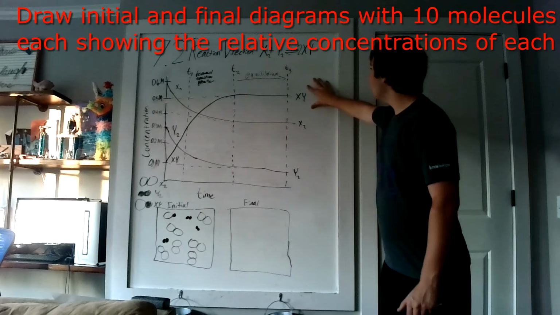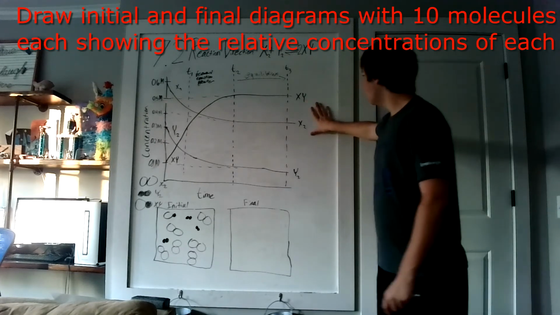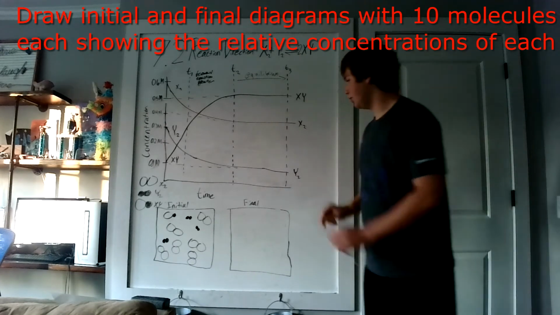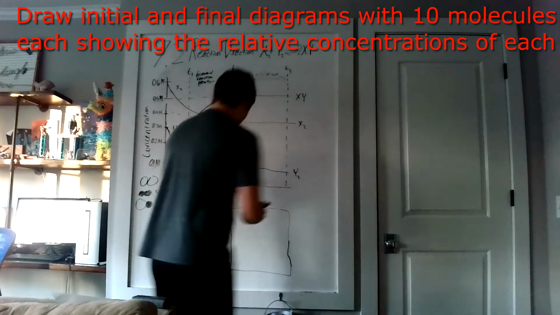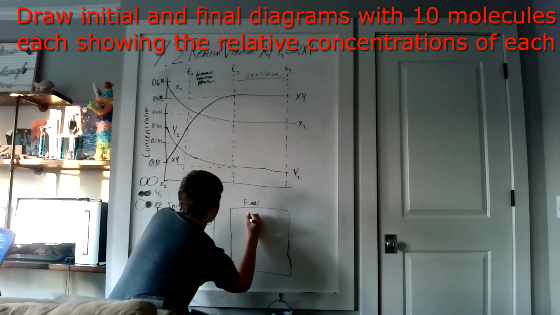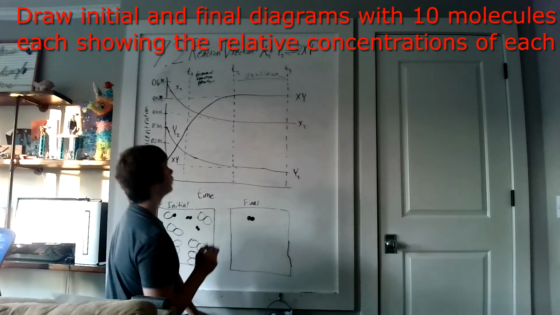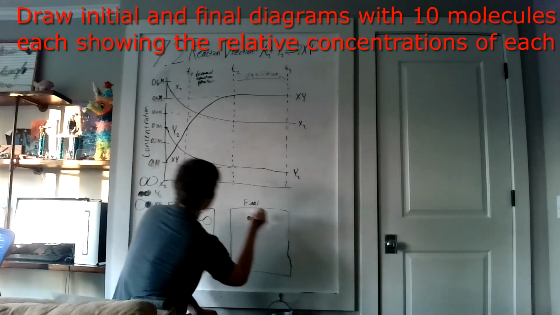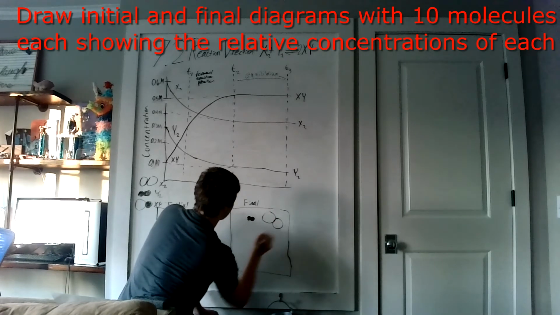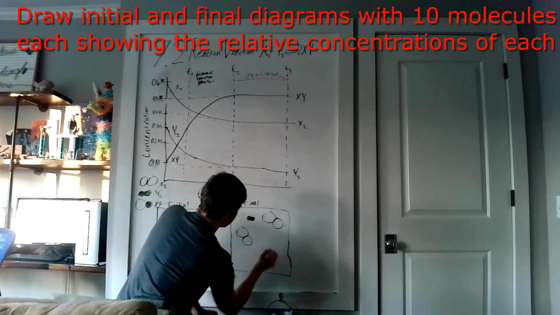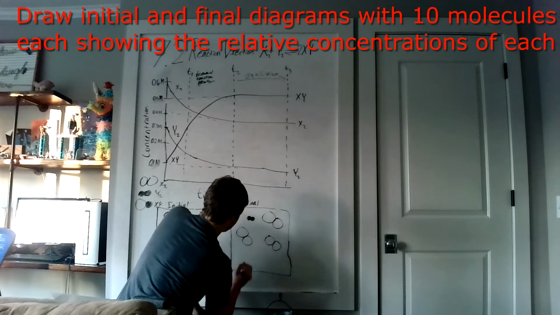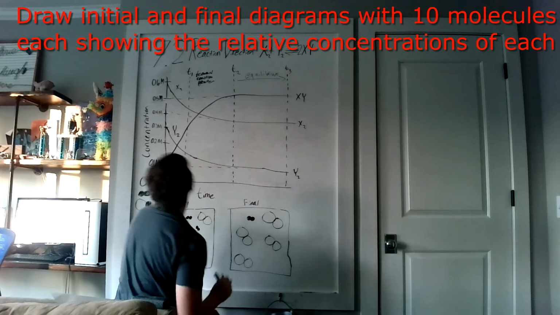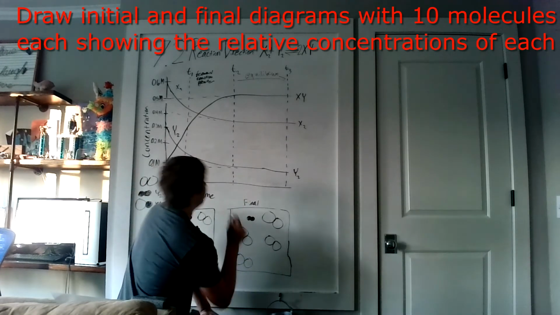So we can have 5 XY's, 4 X2's, and 1 Y2. So 1 Y2, 4 X2's, and 5 XY's.